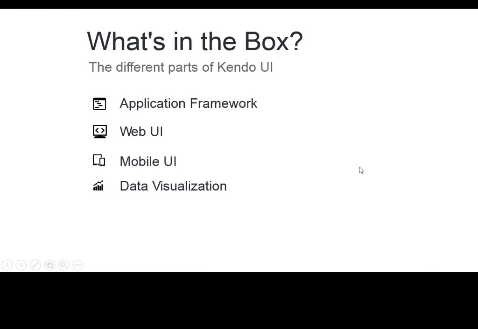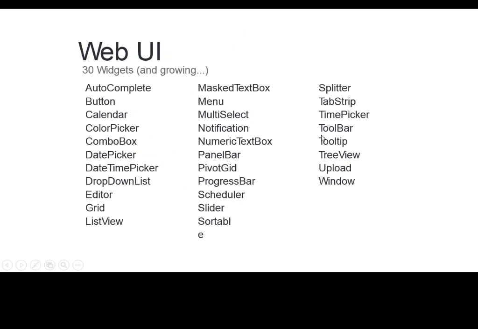In the box you get application framework, web UI, mobile UI, and data visualization. When it comes to web UI, we have 30 widgets and growing. We release 3 times a year, and we keep adding a lot of controls in every release, along with bug fixes. One of the popular widgets in Kendo UI is the Kendo UI grid.